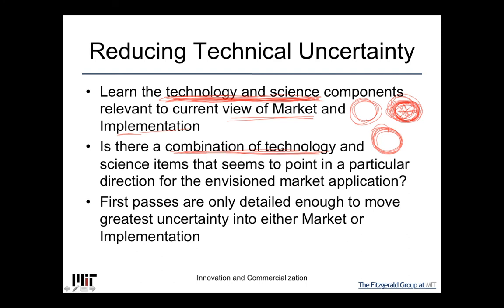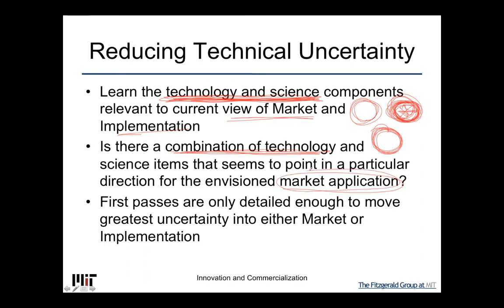All these things matter because, remember, it's not just a scientific result or a piece of technology they happen to find. It's how that interacts with other technologies that may be developing in parallel. And as we pointed out in the technology part, looking at competing technologies, you've got to put all that together and see if it points in a particular direction for market application.